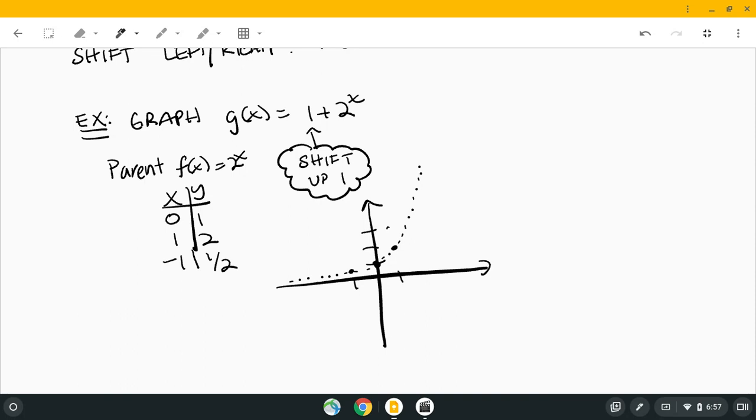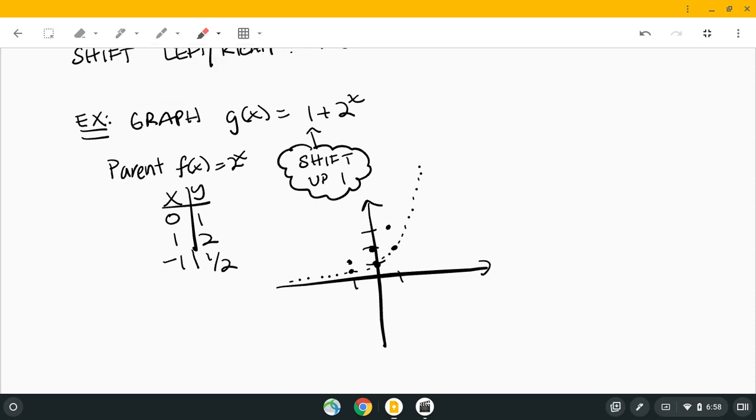All three of these points will get shifted up one. So this point goes up one, this point goes up one, and this point goes up one. And this axis that never gets crossed also shifts up one. Let me do it in red, and let me do it kind of bigger.